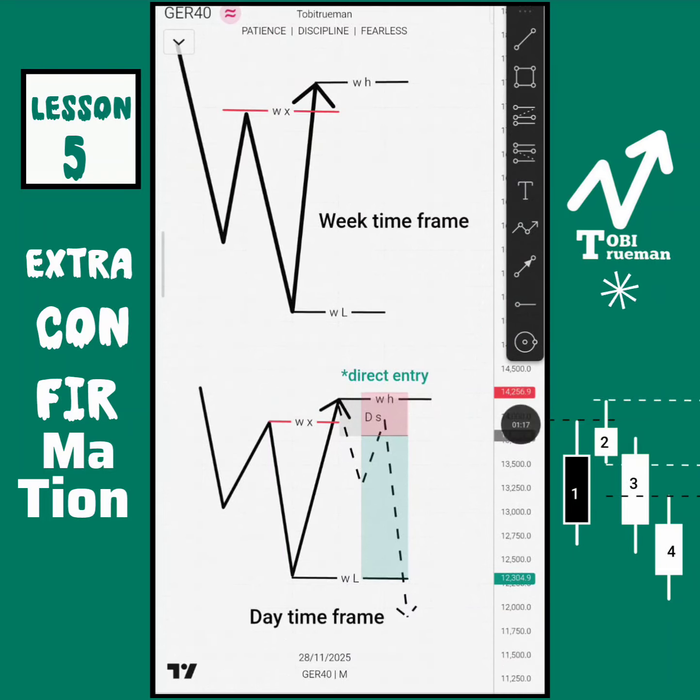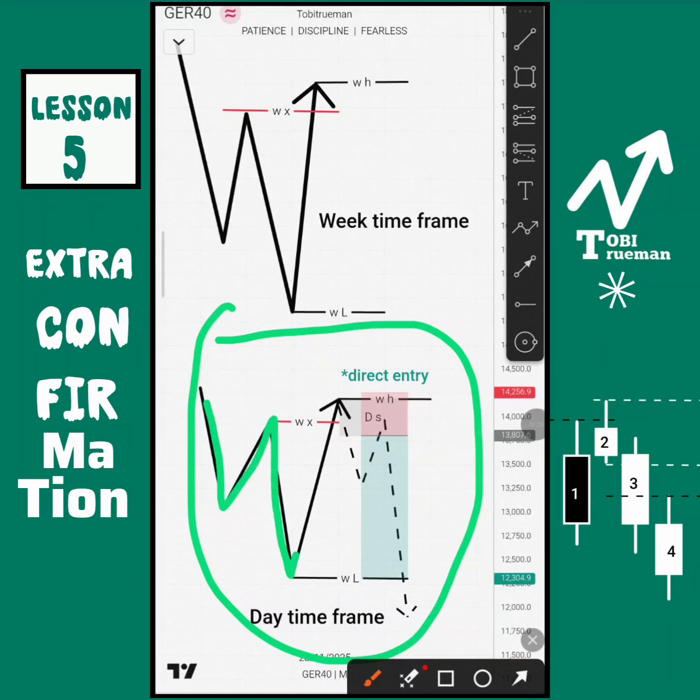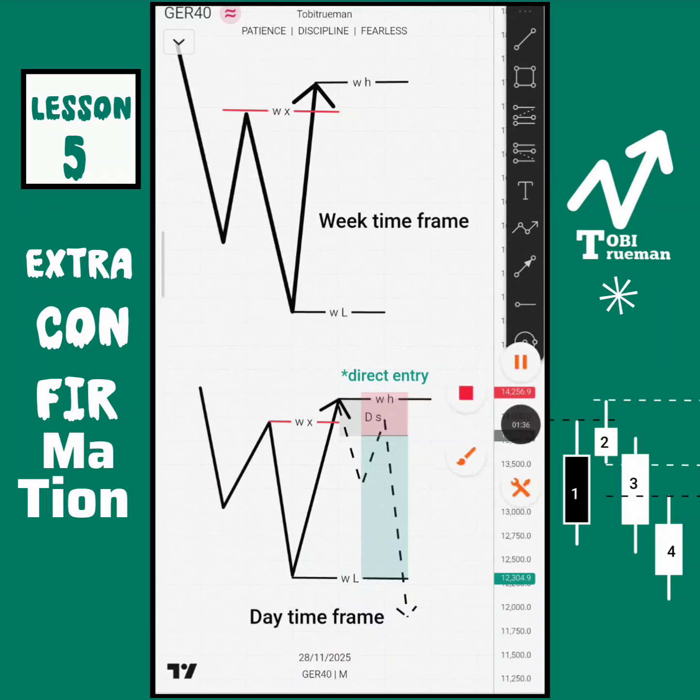What do we expect? We come down to the daily time frame and look for this type of pattern, whereby this candlestick movement, this is the usual week low. From this week low here, on the daily time frame, we want to see our candlestick entry formation.